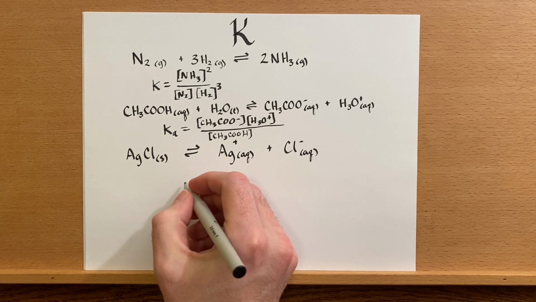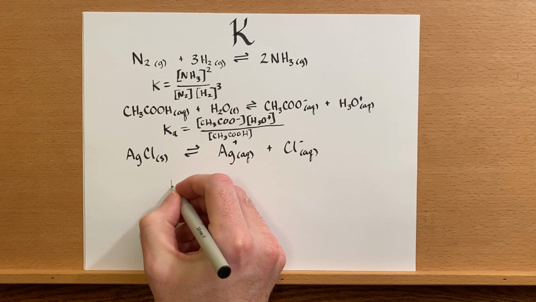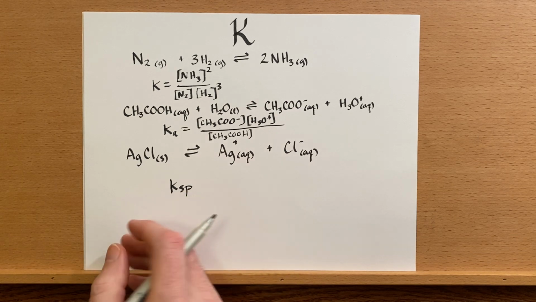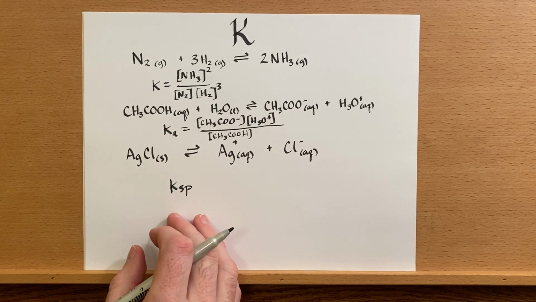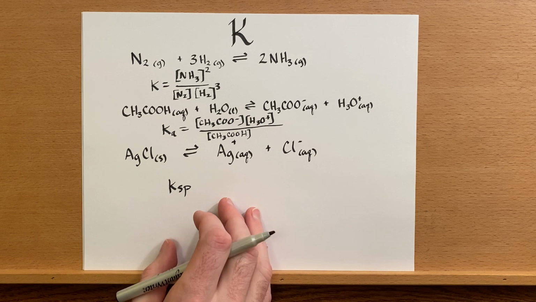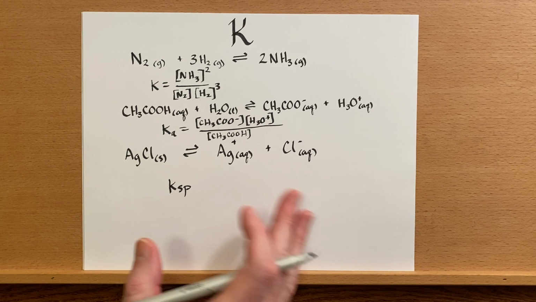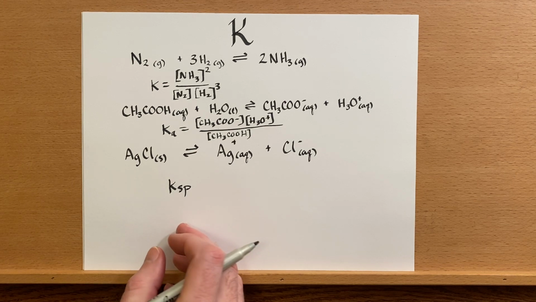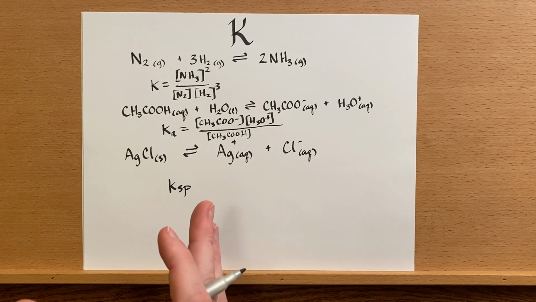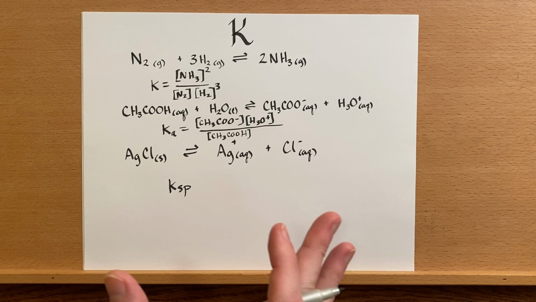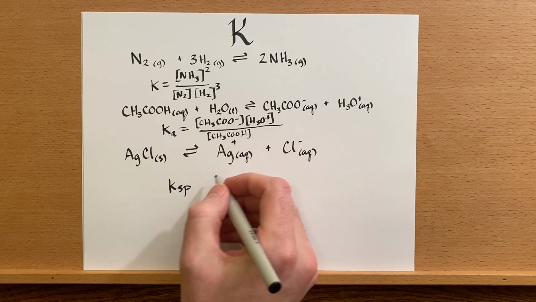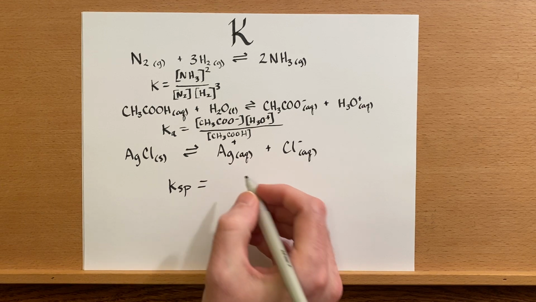And you'll see why they call it a product in just a second. But again, it's still just K, and it's still products over reactants, and it's just another name. So don't get caught up with Ka, Kb, KSP. Kb is for bases, Ka is for acids, and KSP is for things dissolving.